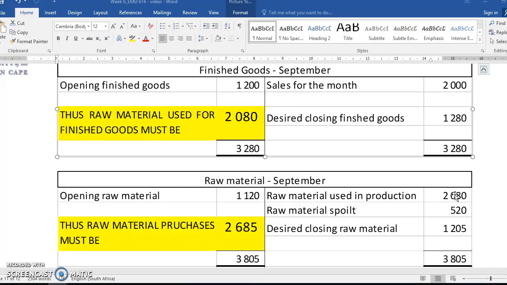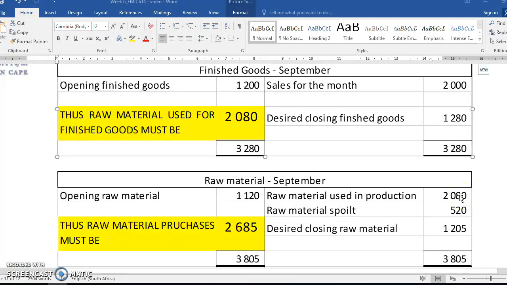But there were bad units, and so what we have to say is that the 2,080 effectively represents 80%. So if you divide this by 80%, you'll get to 2,600.